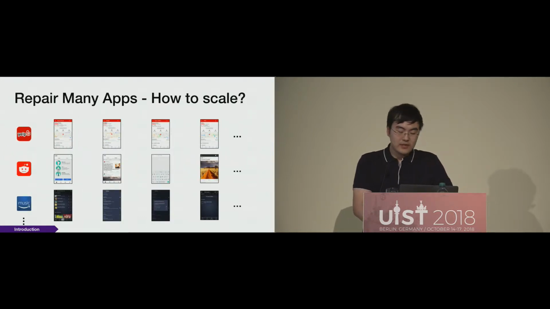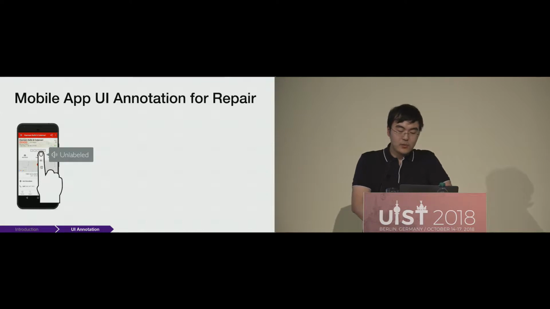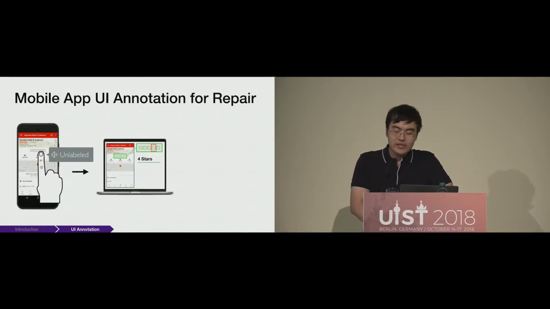Another problem is that it is not practical to manually write an interaction proxy for each screen in each app. We need methods to make repairs scalable and reliable. In this work, we would like to enable annotation on mobile app UI, which improves the robustness and scalability concerns I just mentioned about interaction proxies.